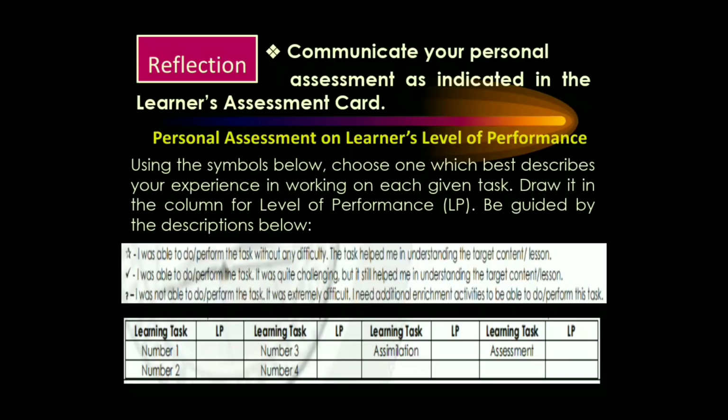So do it for learning task number 1, number 2, learning task number 3, learning task number 4, for the assimilation and for the assessment process. Okay? You may do this in your notebook.